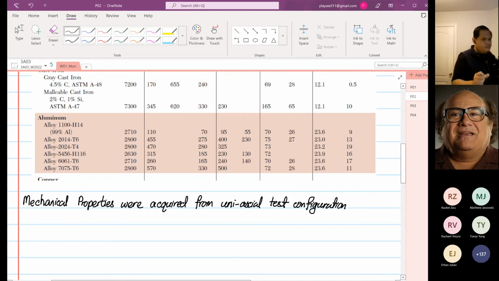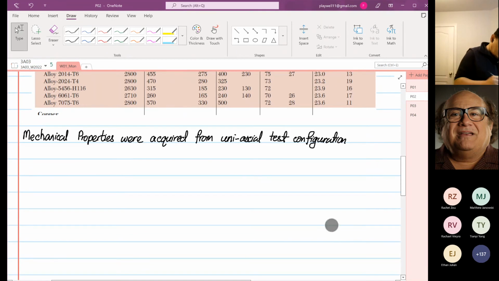Uniaxial means one direction only. So when it is one direction, what does it mean?